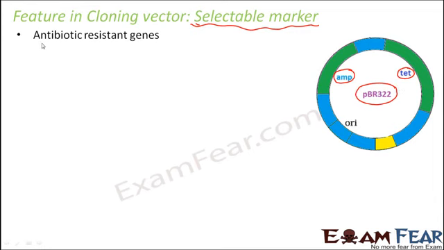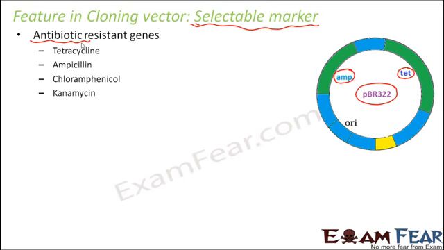When we say antibiotic resistance, there are many antibiotics, such as tetracycline, ampicillin, chloramphenicol, and kanamycin. These are all various antibiotics. Each cloning vector should have certain antibiotic resistance genes against at least some of these antibiotics.